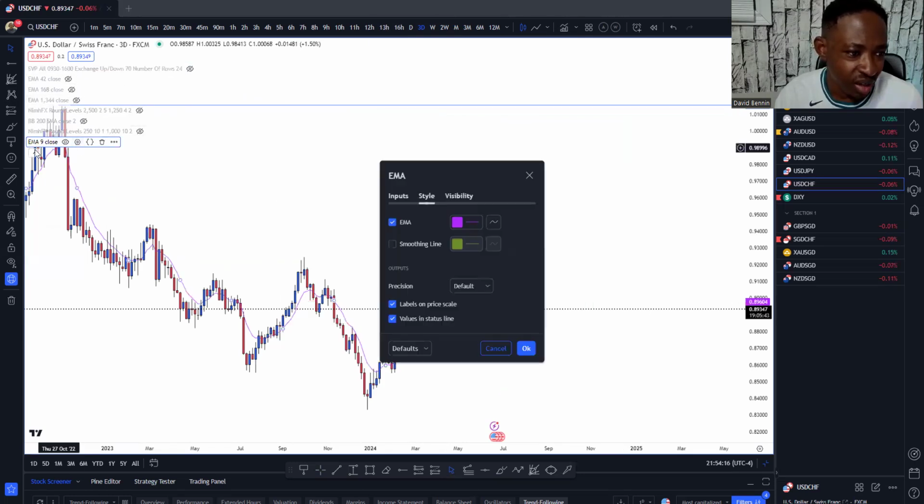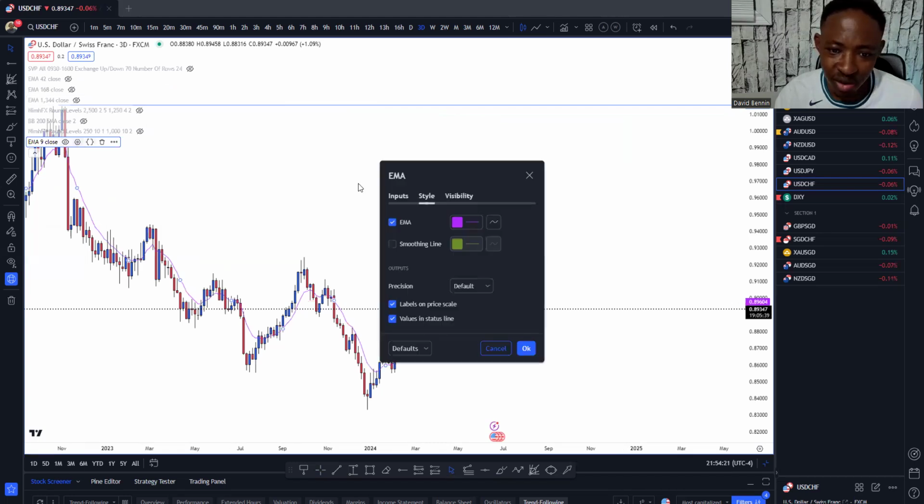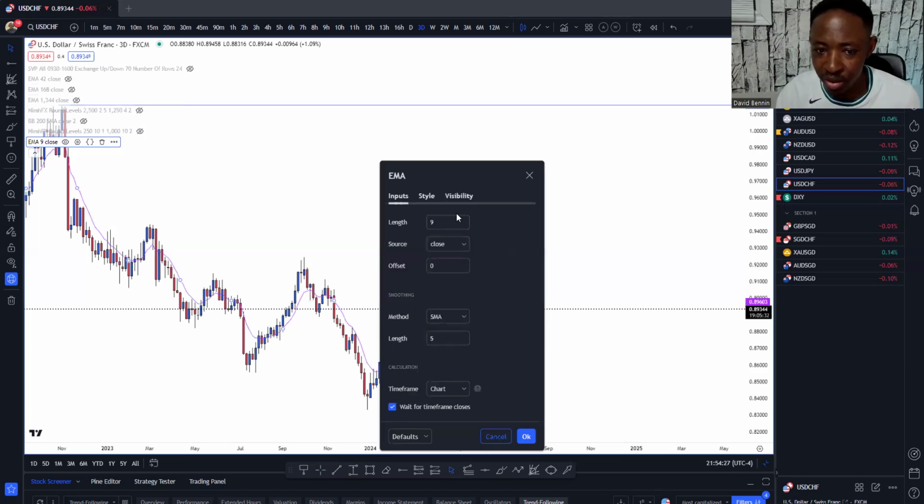Let's put a number. Like I always say, the number does not matter. Whatever EMA you are using, just backtest it and know what features and characteristics it has, right? So with this EMA, let's give it a number, say 544.